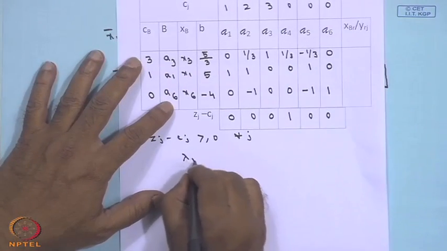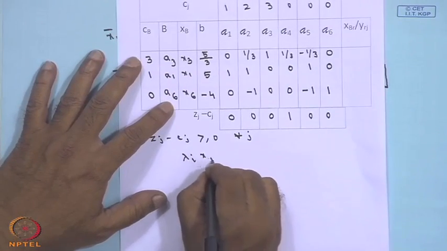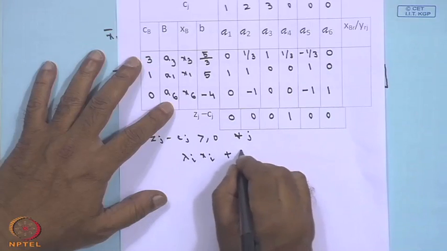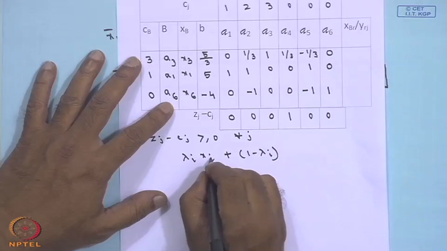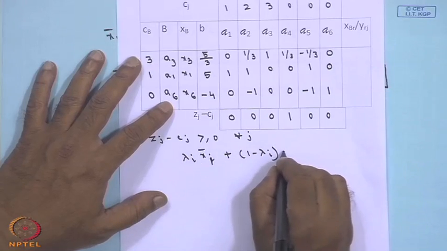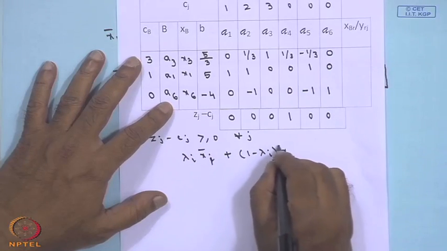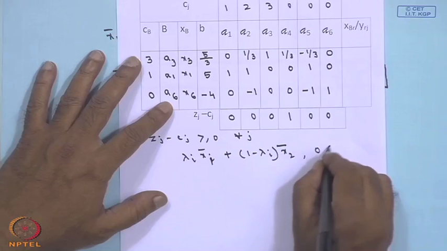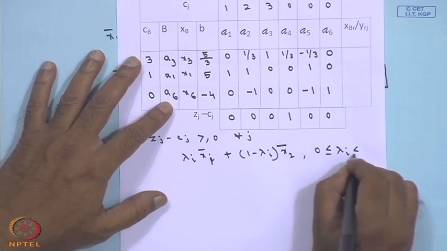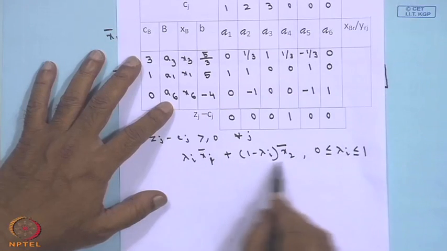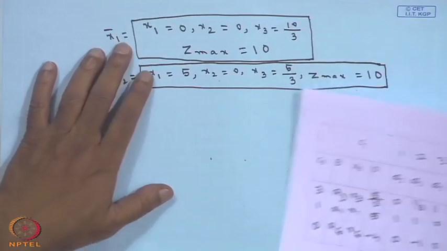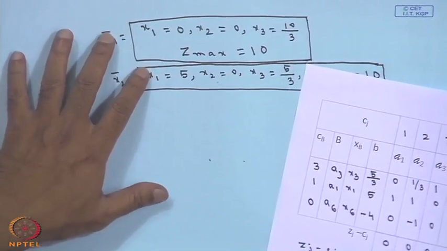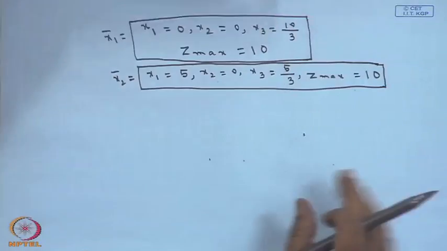Or in other words, lambda 1 x 1 bar plus 1 minus lambda 1 into x 2 bar, where lambda takes any value between 0 to 1, is another solution. So any convex combination of these two, for different values of lambda, you will obtain another solution.